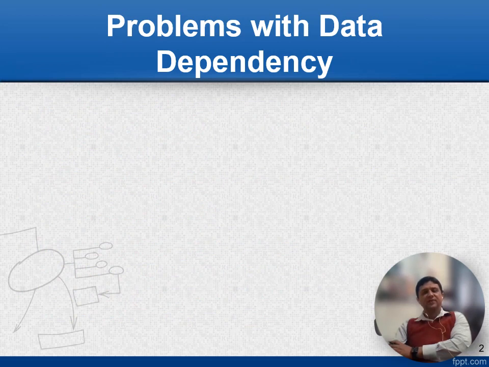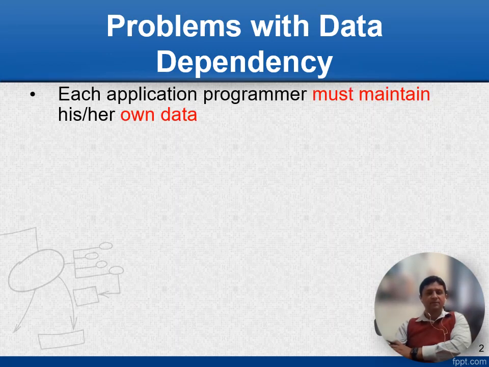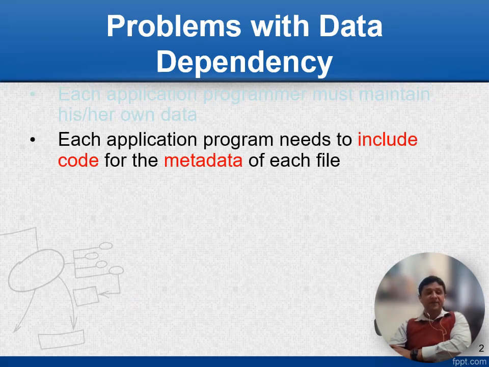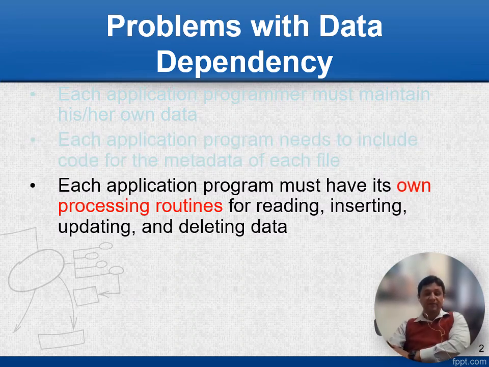Because of the program and data dependency, which was the first disadvantage of the file processing systems, we had to face some problems. Those problems were that each and every programmer had to maintain their own data, and secondly, whenever a programmer was tasked to write an application program, he had to include the code for metadata for each and every file.